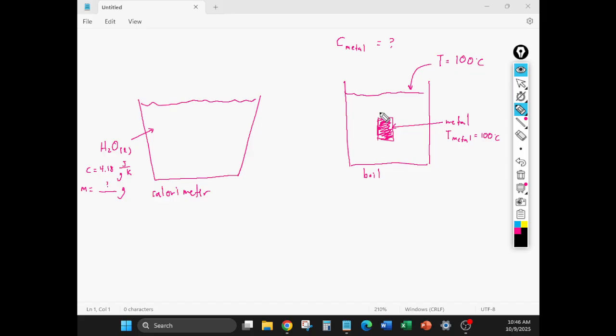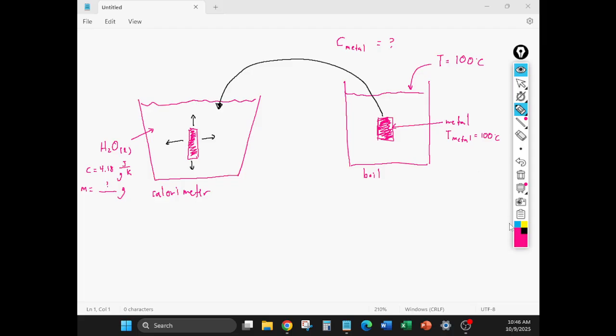Okay, and what you do after that is you take the metal out and you put it in your calorimeter. Okay, now if you put a super hot piece of metal, 100 degrees Celsius piece of metal in the water, what's going to happen is it's going to release energy into the water in the calorimeter, right? And so that's going to allow you to calculate the heat transfer, okay?